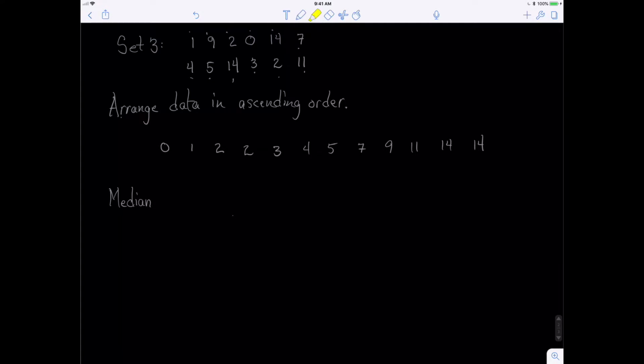Remember, you start at the lowest value and go in one, start at the highest value and come down one, and continue this process until you meet in the middle. Low comes up, the high goes down, and right there, our median has to fall between the 4 and the 5.